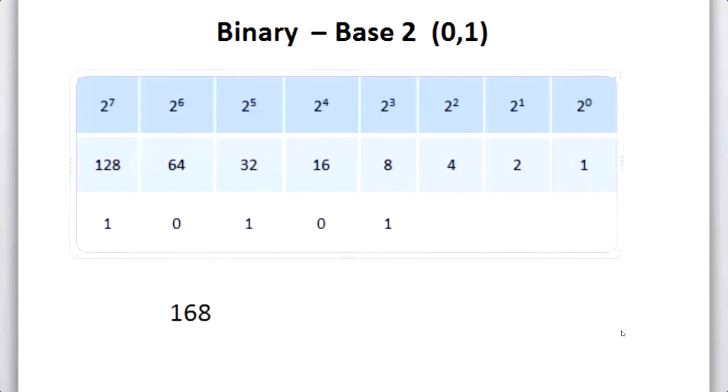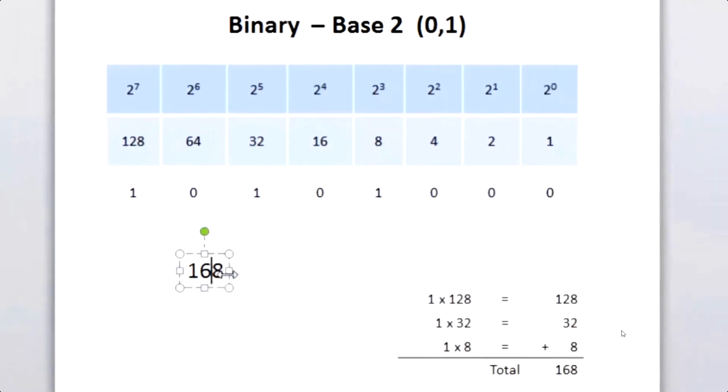I'll follow this up with zeros in the 4's place, the 2's place, and the 1's place. And 168 in binary equals 10101000. I now have 128, I have 32, and I have 8. And 128 plus 32 plus 8 equals 168.